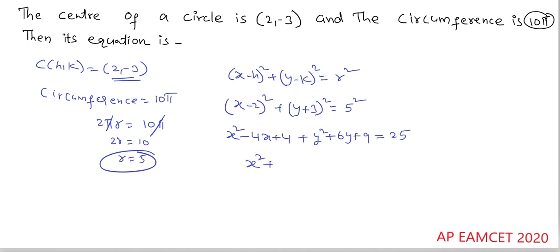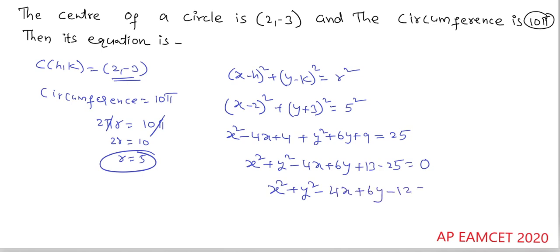That is x square plus y square minus 4x plus 6y. Here 4 plus 9, 13. 13 minus 25 is equal to 0. Therefore, the equation of the circle is x square plus y square minus 4x plus 6y minus 12 is equal to 0.